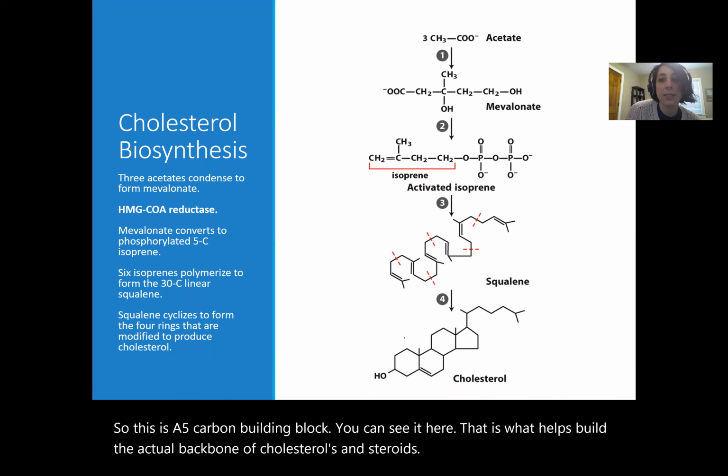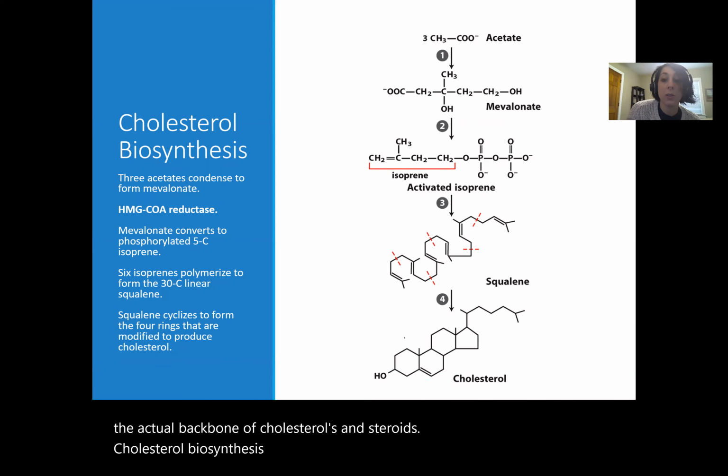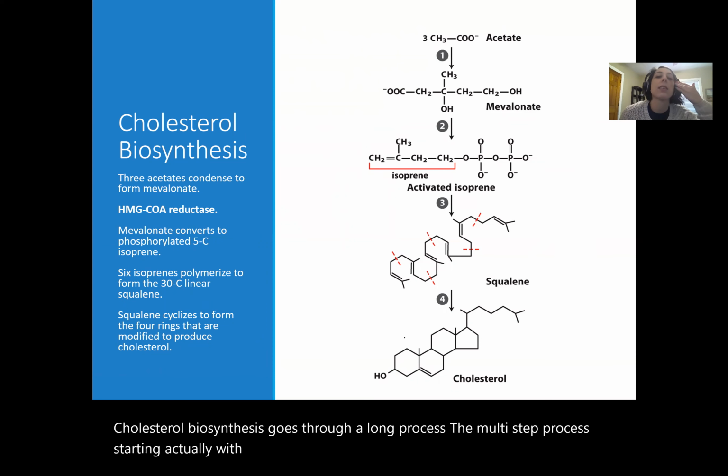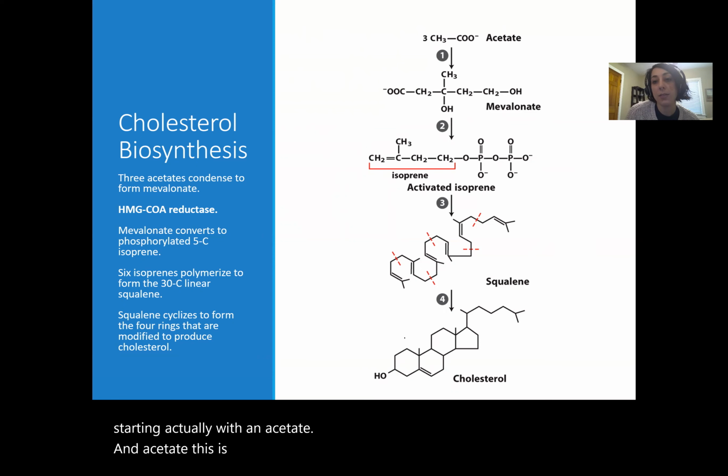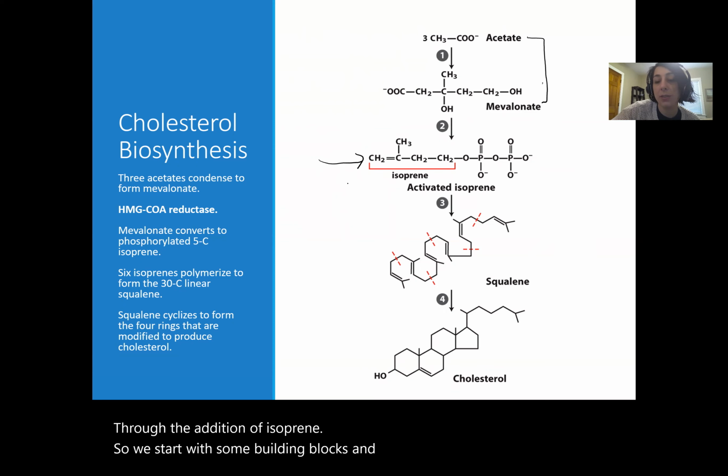Cholesterol biosynthesis goes through a long process. It's a multi-step process, starting actually with an acetate. This is then formed into a mevalonate, this long molecule here, which ultimately is condensed through the addition of isoprene. So we start with some building blocks and then add in our isoprene.